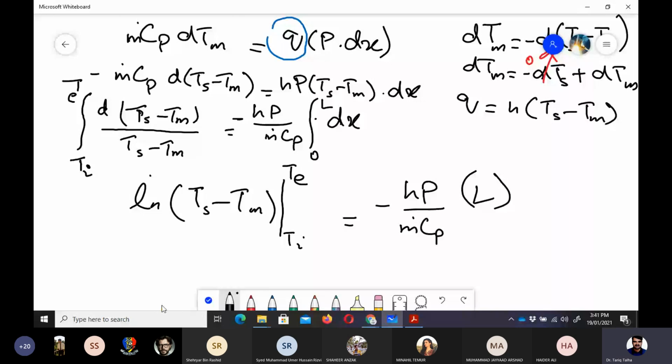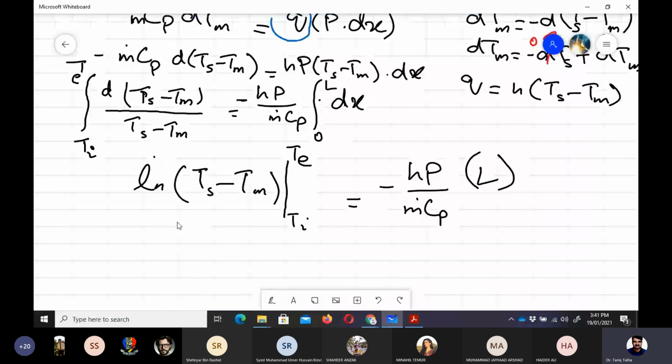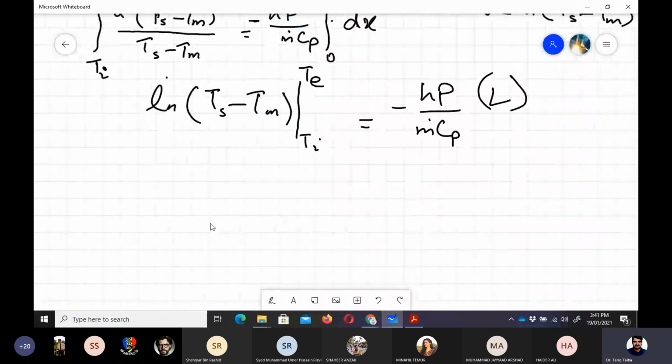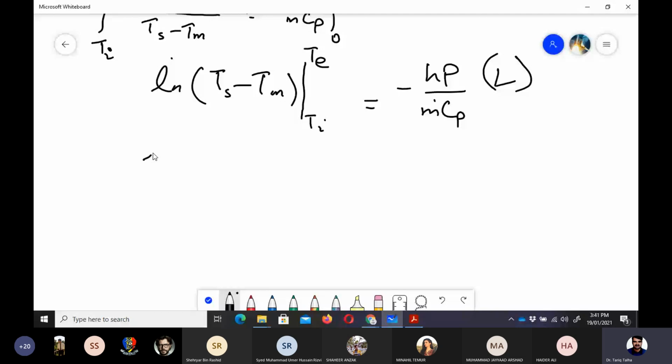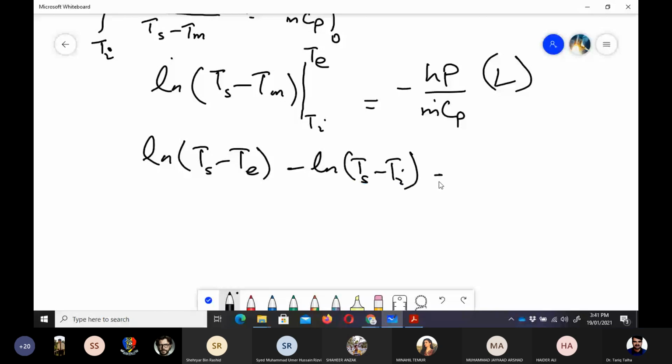So now if we do the simplification, it would be equal to log of Ts minus Te minus log of Ts minus Ti is equal to minus h into perimeter into the length of the pipe, which is the surface area of the pipe. So hAs upon m dot Cp.